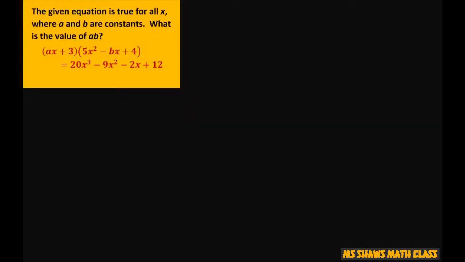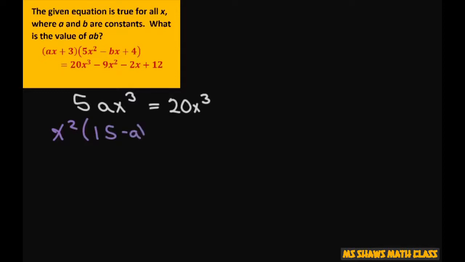So we're going to get 5ax cubed. Well, we want that to equal 20x cubed. Then we have negative x squared, and we had 15 minus ab.